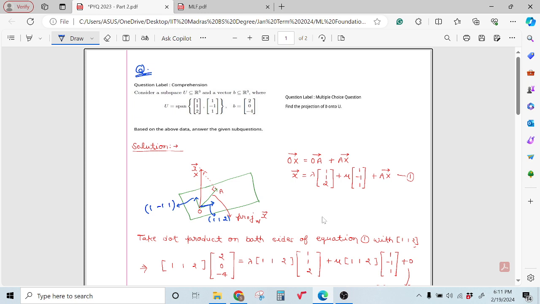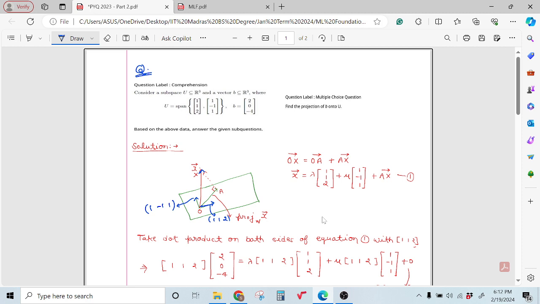I have drawn the OX line joining this vector. So this OA line is the projection of vector x onto this subspace.